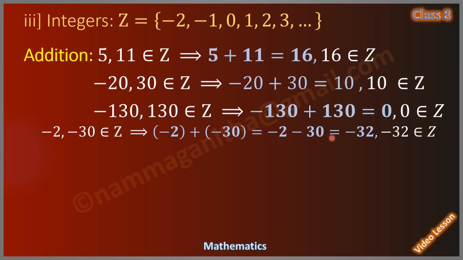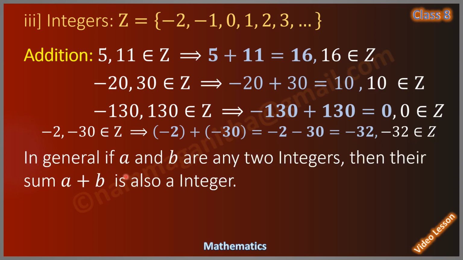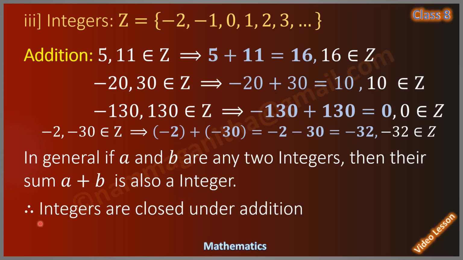That is equal to minus 32, and minus 32 belongs to Z. In general, if A and B are any two integers, then their sum A plus B is also an integer. Therefore, integers are closed under addition.